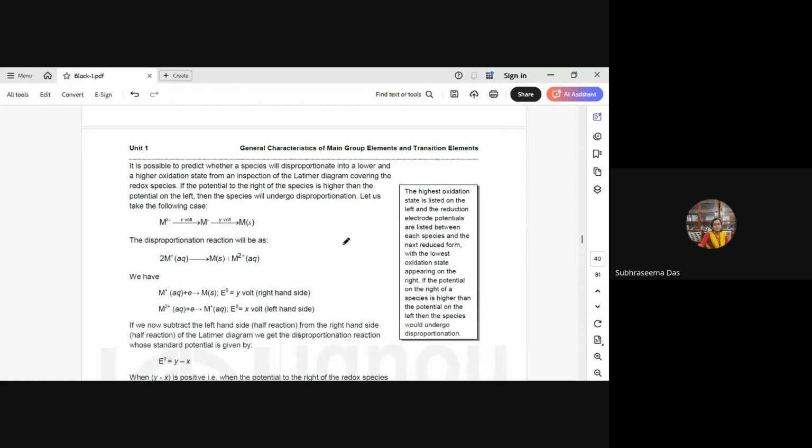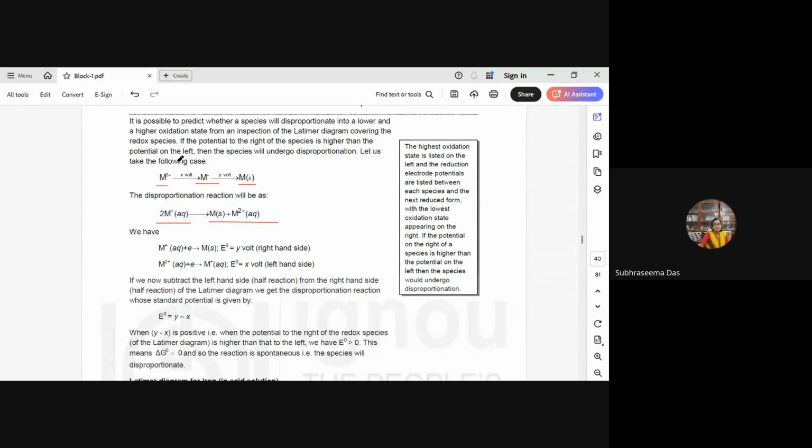For example, M2 plus converts to M plus, and finally to M0. The disproportionation reaction we can write as 2M plus aqueous forming M plus M2 plus. Here the Y volt is on the right hand side, and the X volt is on the left hand side.